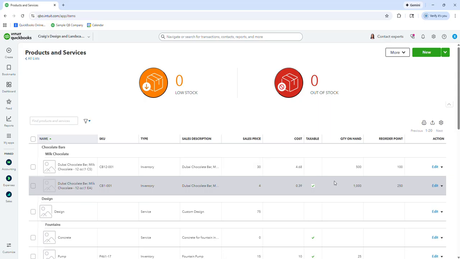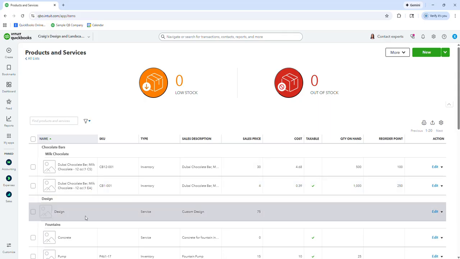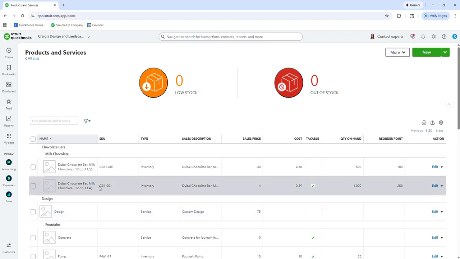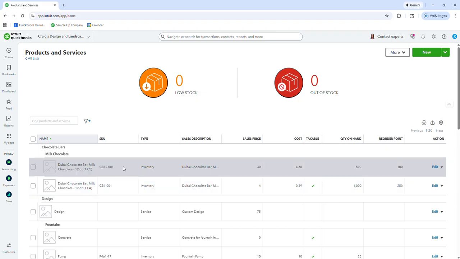The second best practice specifically for finished goods is to set up all unit of measures that you need for the business. So in my case, I set it up for a single bar, and then I set it up for a case. If I was also going to sell in pallet quantities, I would set that up too.